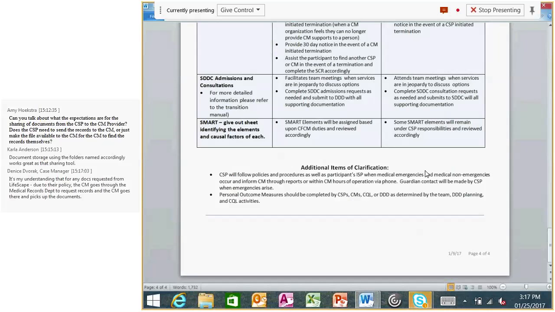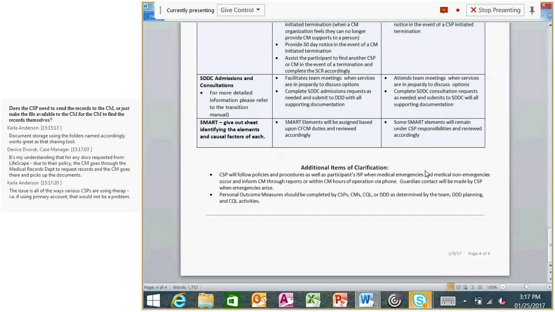They're supposed to upload stuff from us into theirs, or we're supposed to do that for them. You get what I'm saying? I think there's just a lot of paper shuffling, and I was wondering, if it's under the division oversight account, so the division can see both sides, the CFCM and the case management side of the TheraP system, could we just agree to have it in one of the document storage versus having it in both?